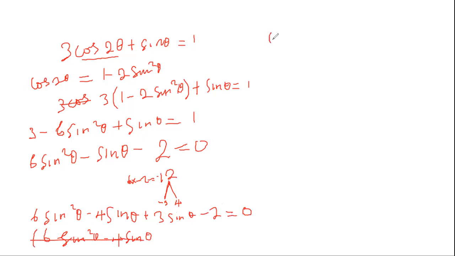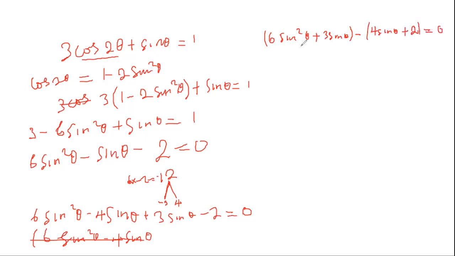So that will be 6 sine squared theta plus 3 sine theta. So that would be one group. Then minus, open another one, 4 sine theta, so plus 2 is equal to 0.